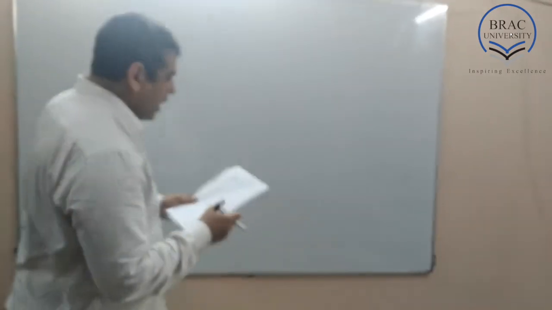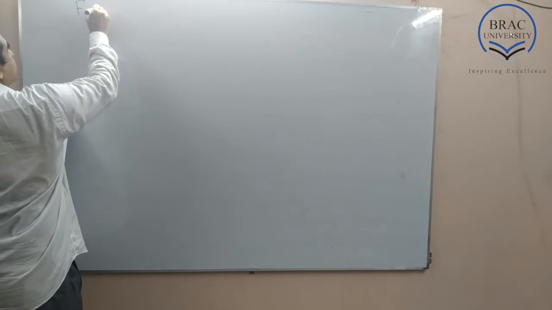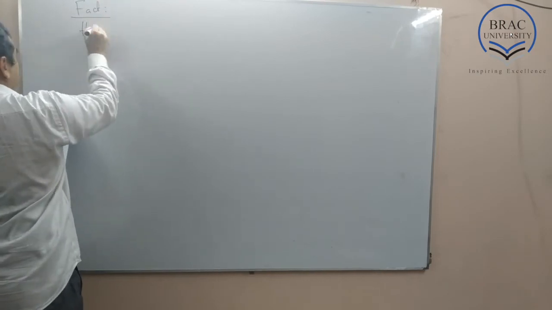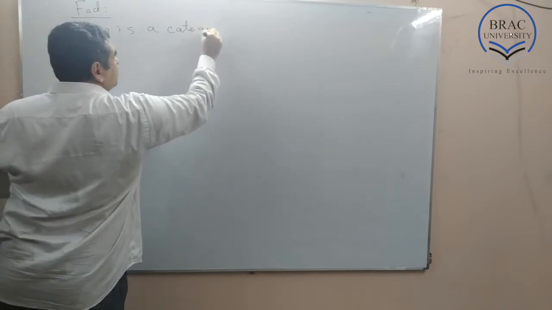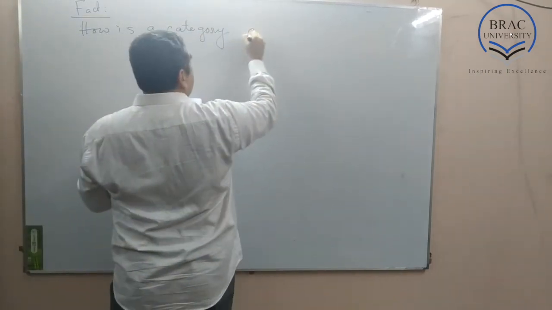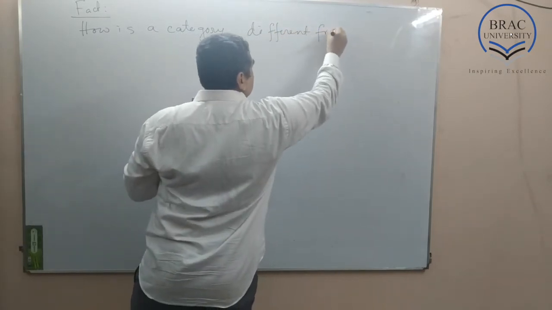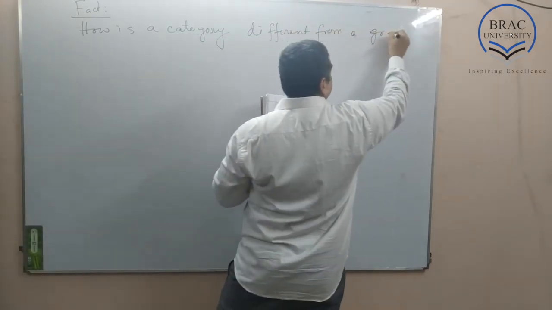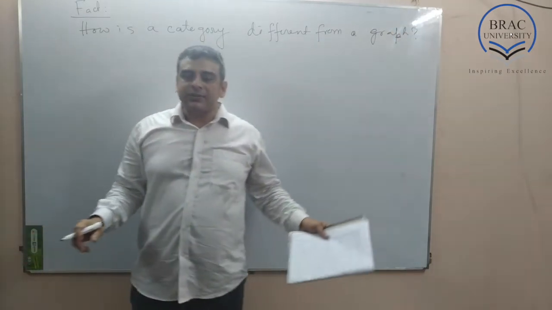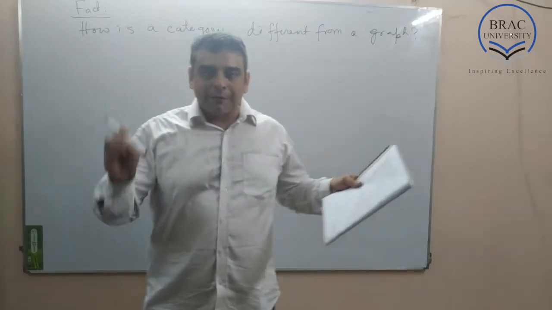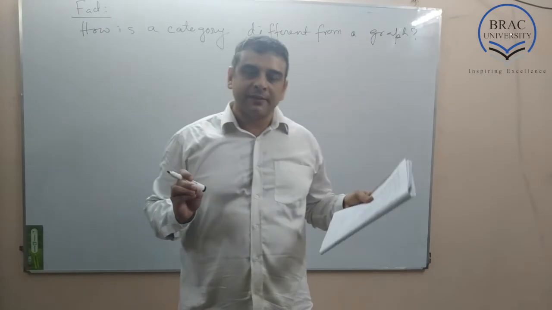First, how is a category different from a graph? A graph is a collection of vertices connected by edges.